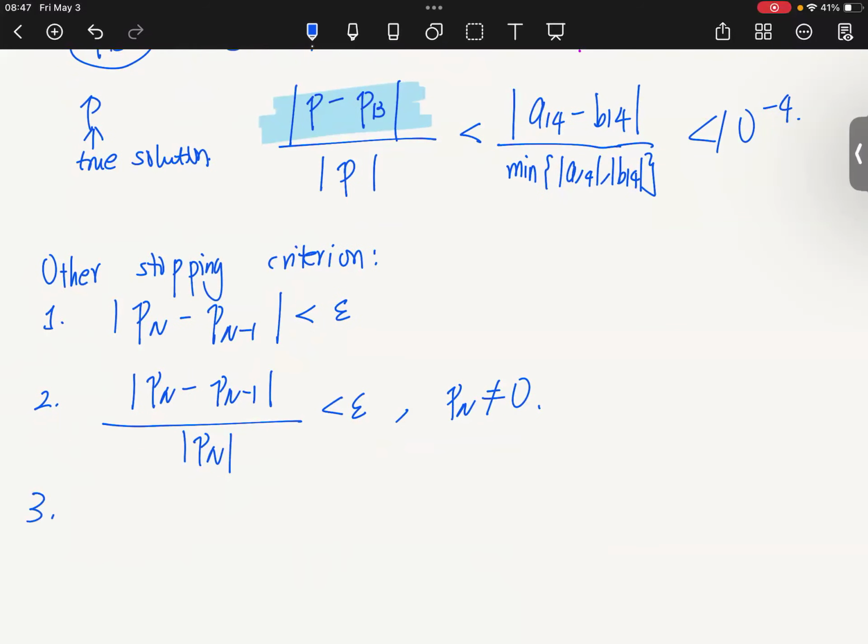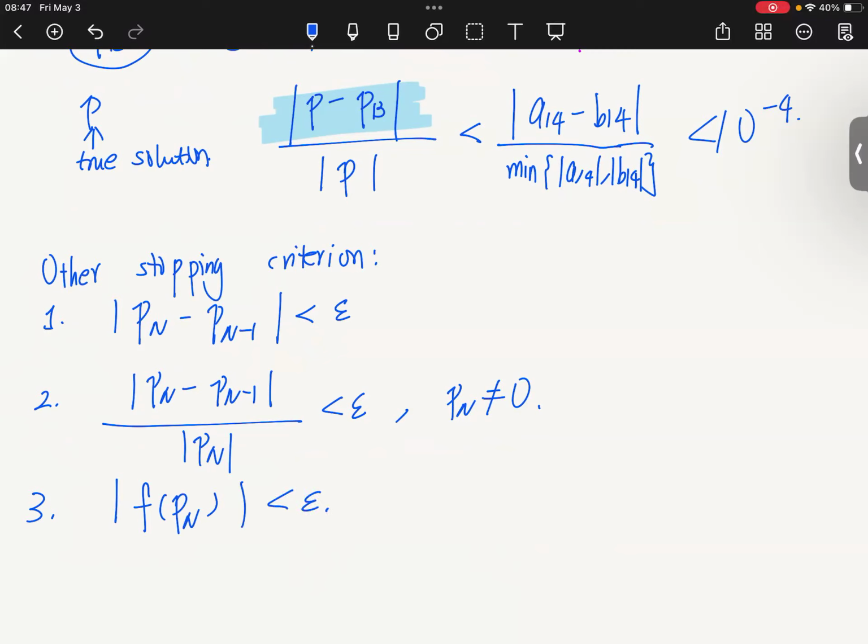There's another stopping criterion, and this is the residue of the equation: f evaluated at Pn is smaller than epsilon.